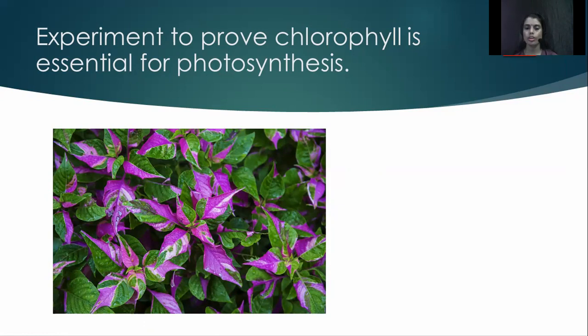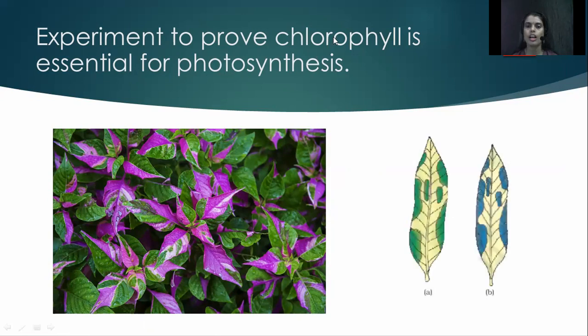So in order to get a perfect color for our test, we are bleaching the leaves. This process is called bleaching. Clear? What happens in bleaching? The color of the leaf is removed.